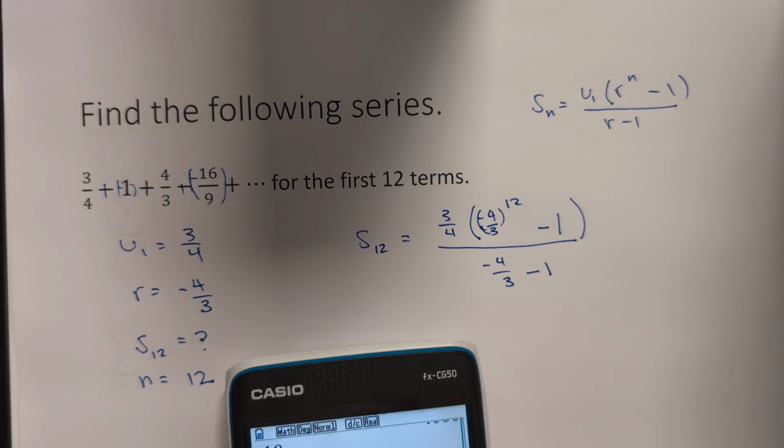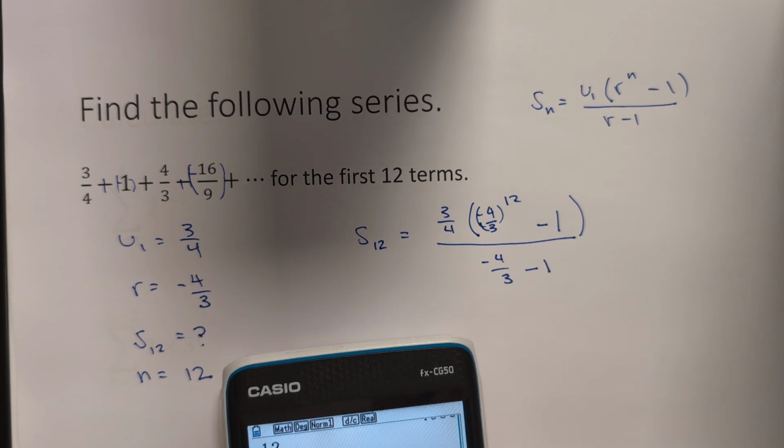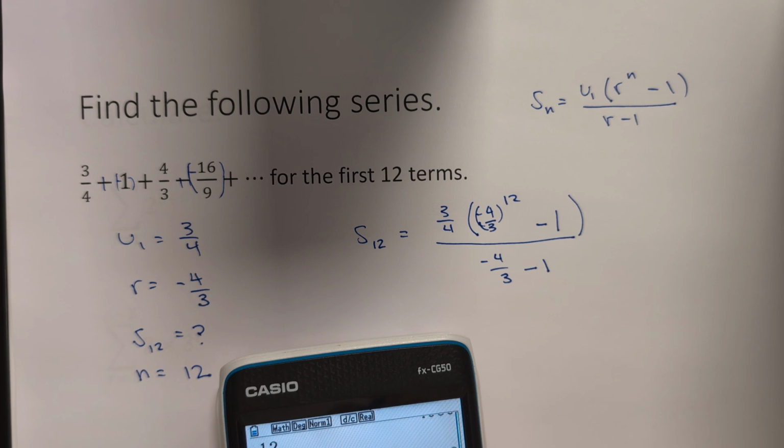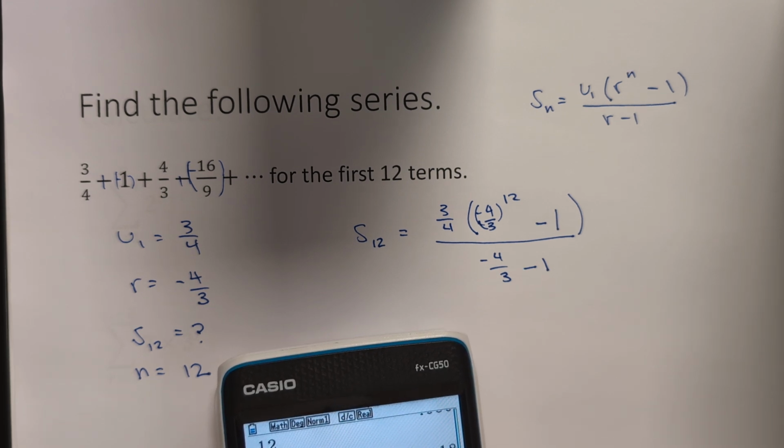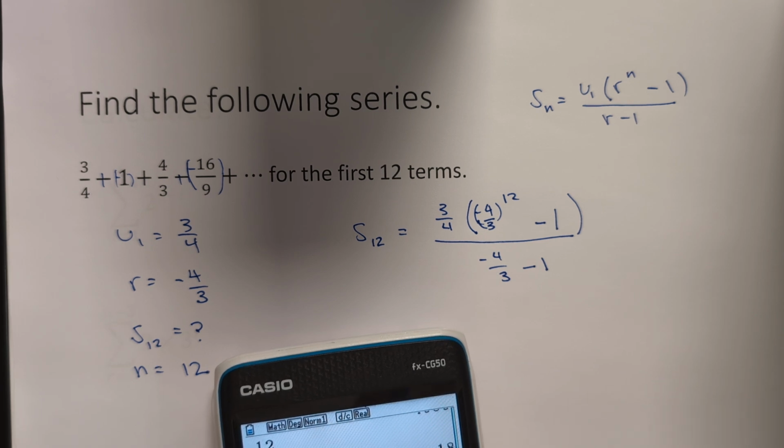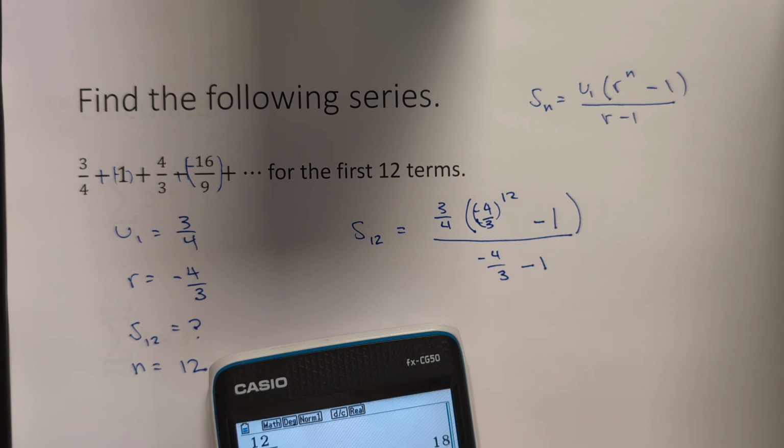You can even put fractions within fractions, so 3/4 times, and then making sure you have the parentheses indicating where there are negatives. The colors are very helpful here. To the 12th, move over, make sure that the -1 is not in the exponent.